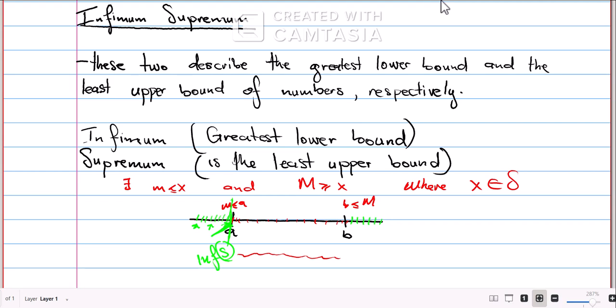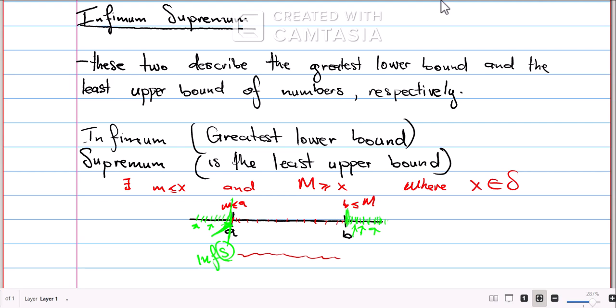So here we have these upper bounds. So the least upper bound, the smallest upper bound: this one is greater than this one, and this one is greater than this one. So we're looking at the smallest, the least, so we find it here.